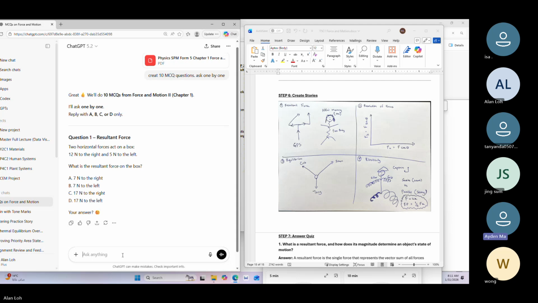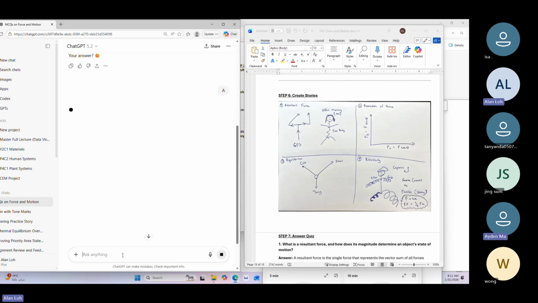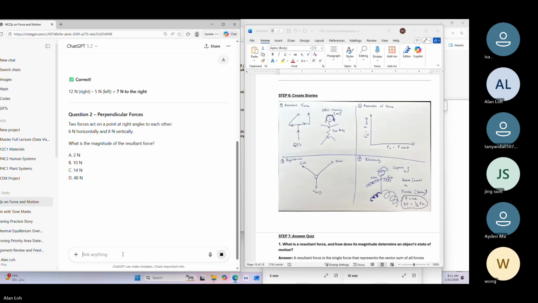So it's A. Okay, so drawer number 1 is correct. Let's see what's the answer. Yes, that's correct. Give me the questions 2 at a time.